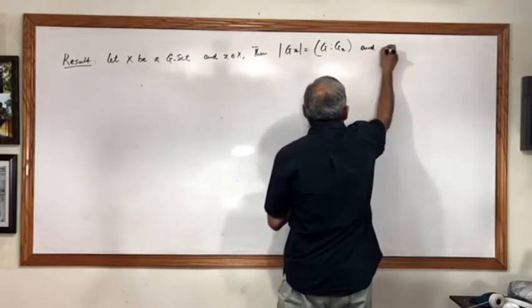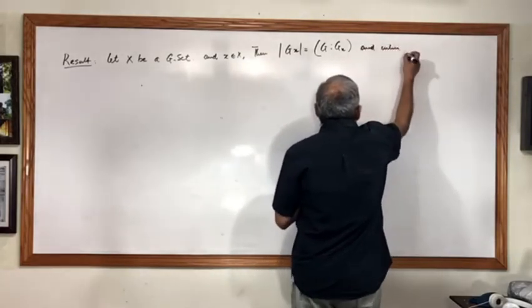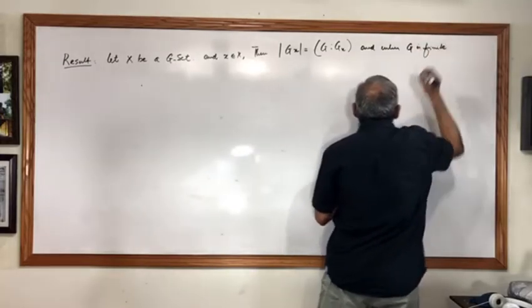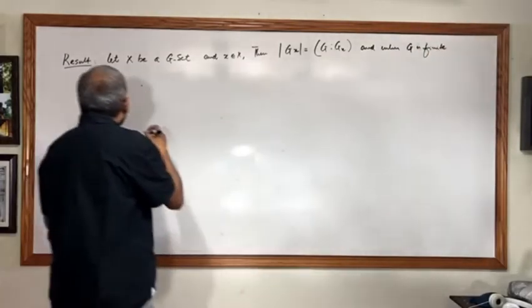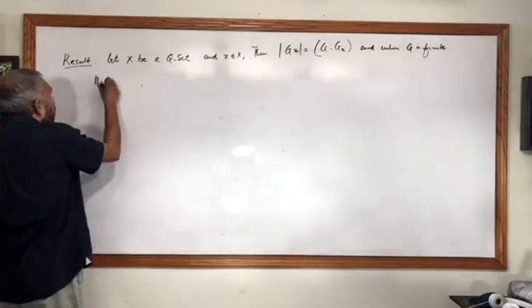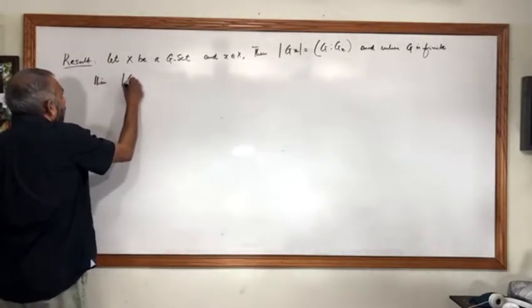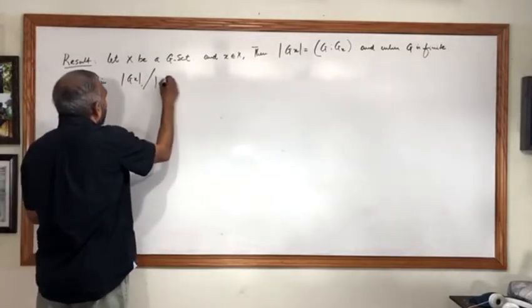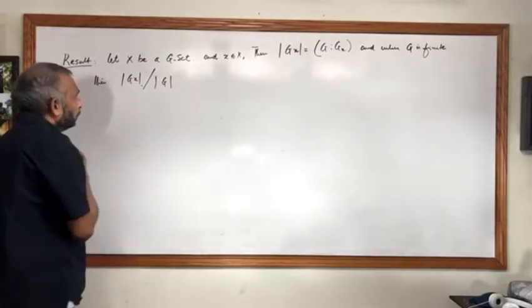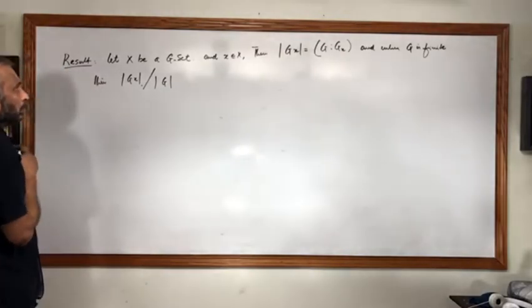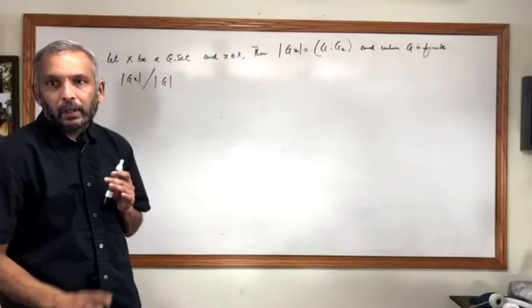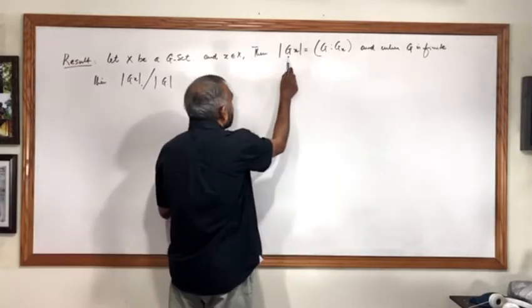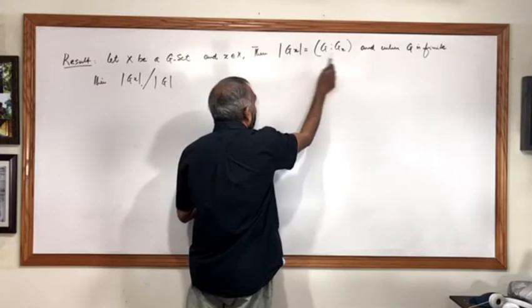And when G is finite, then the size of Gx divides the order of G. So this Gx and this G subscript x are different.